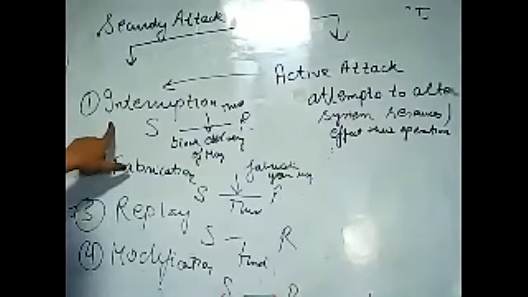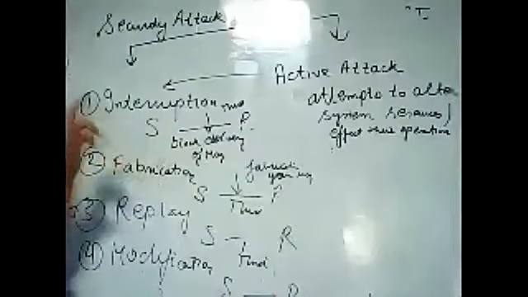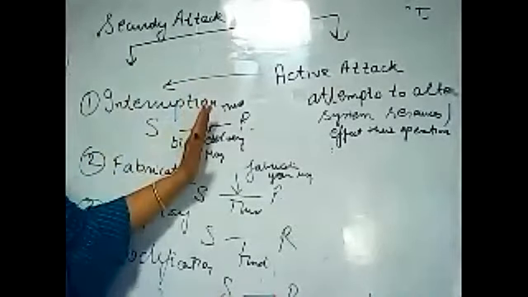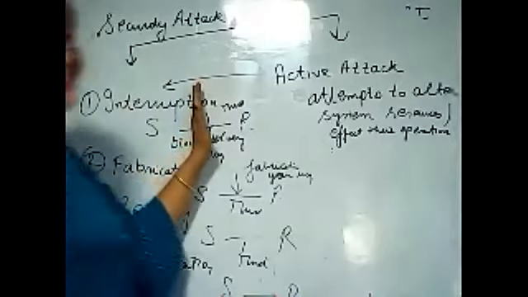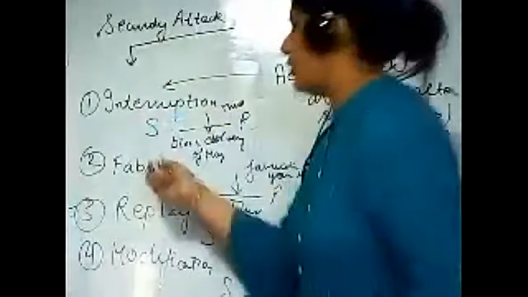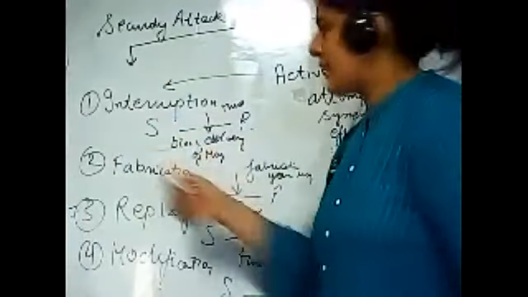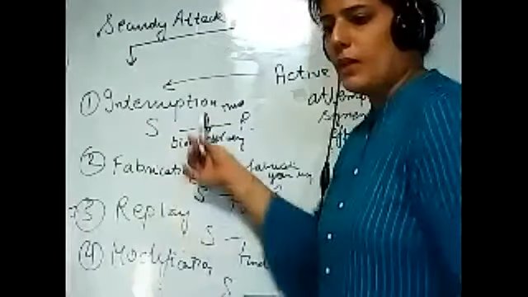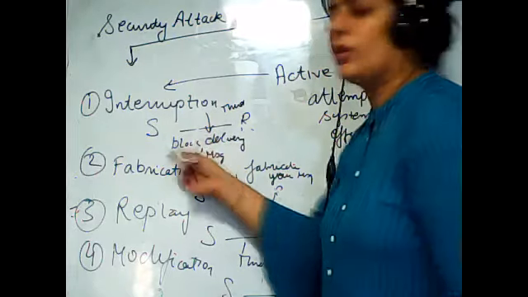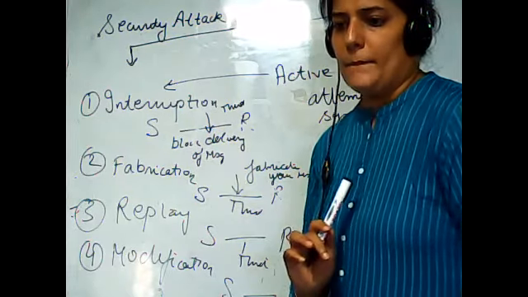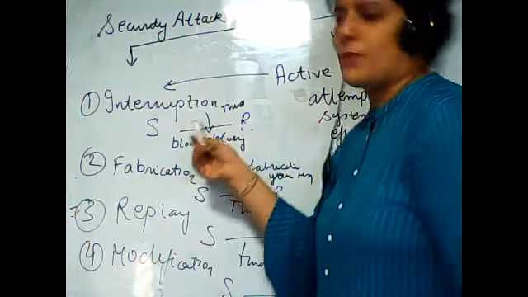Okay, so the first type of active attack is interruption. In interruption, the third party will block your transmission path. You won't be able to receive that particular message. The sender has sent all those messages, but it will block your message path. So this is an interruption.